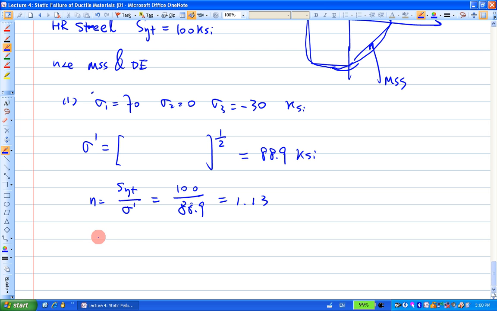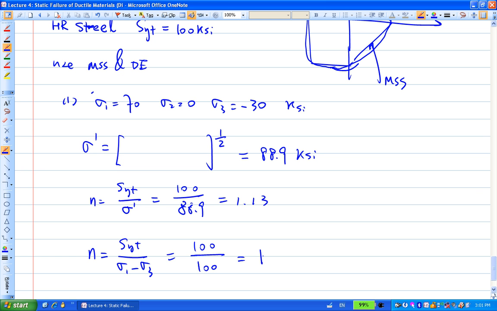Now, if I use the MSS theory, according to MSS theory, N equals SYT over sigma 1 minus sigma 3. Sigma 1 and sigma 3 are already given, and SYT is over here. So overall it's 100 over 70 minus negative 70, so that's another 100.